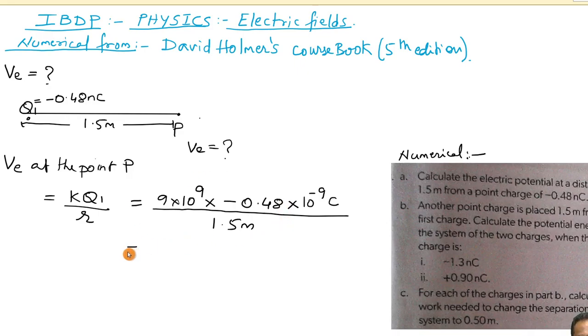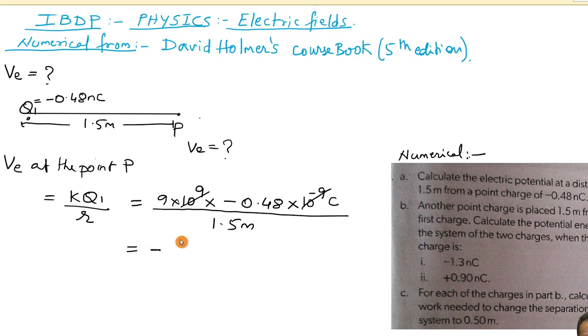Okay, fine. So now my calculation goes this way: this 10 raised to 9 and 10 raised to minus 9 cut off each other. Now we are left with 9 into minus 0.48 divided by 1.5, and there's a negative sign over here, so it will be minus of 9 into 0.48 divided by 1.5, which works out to 2.88.